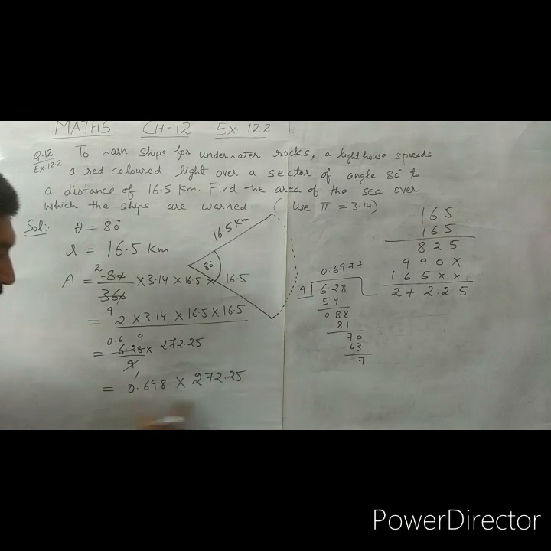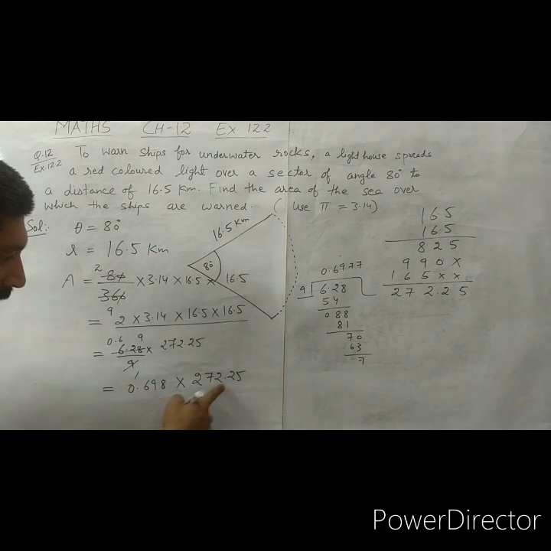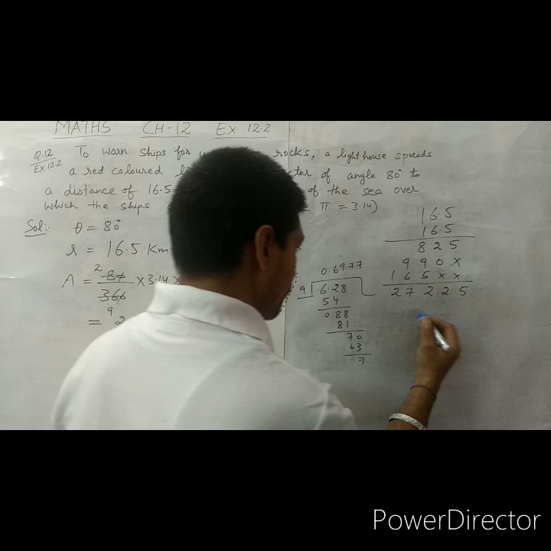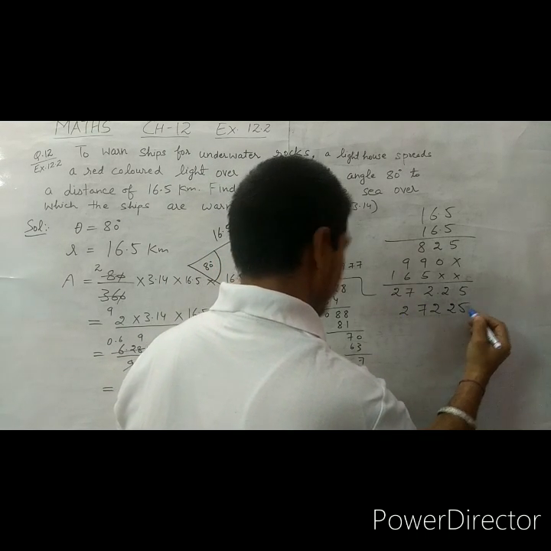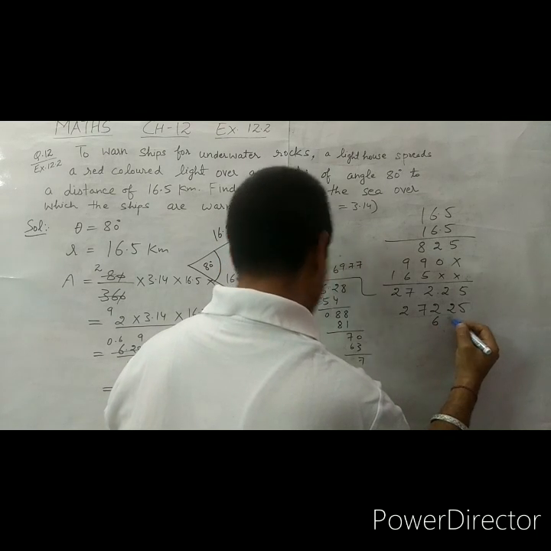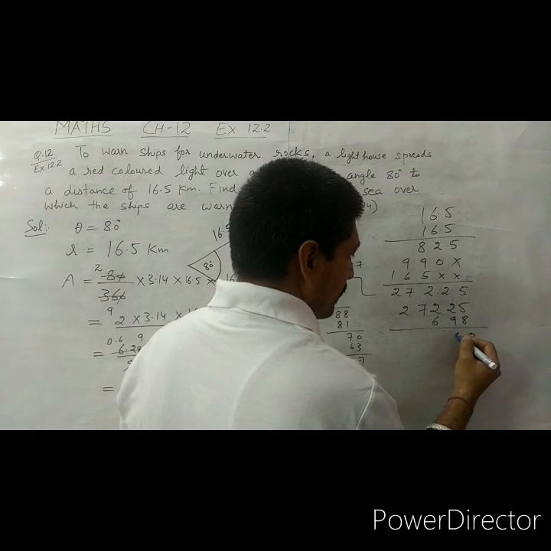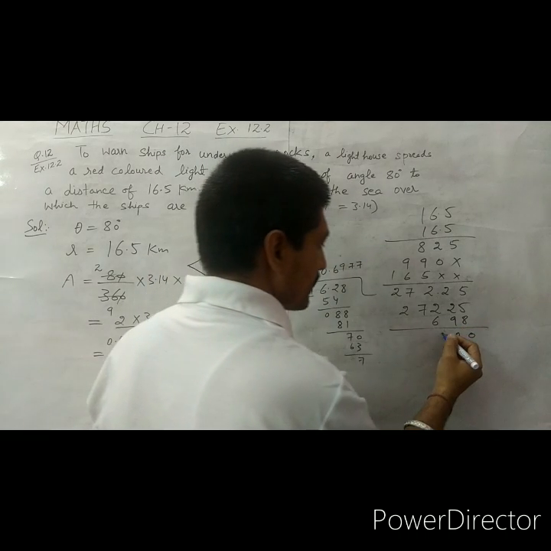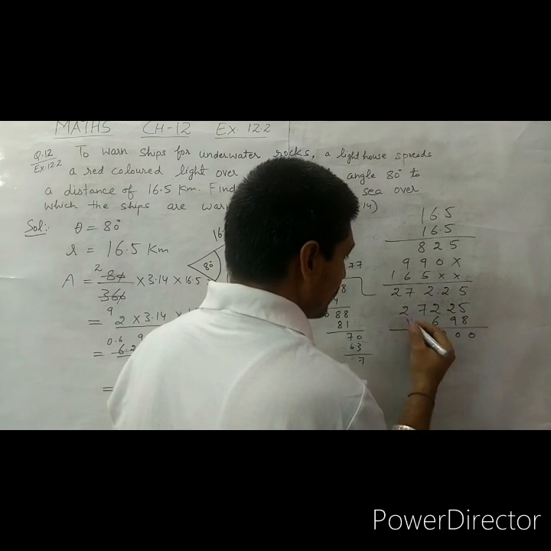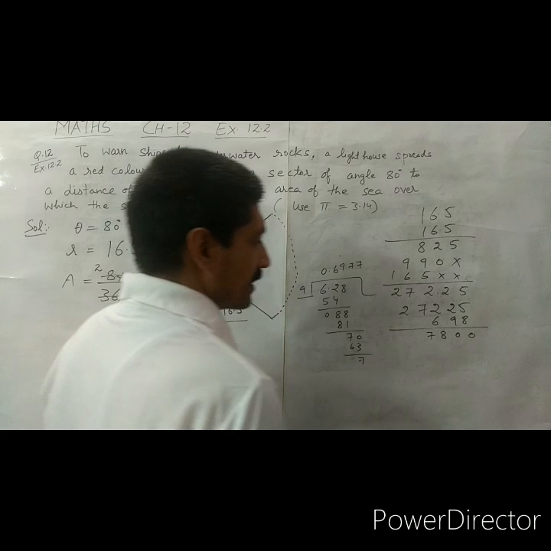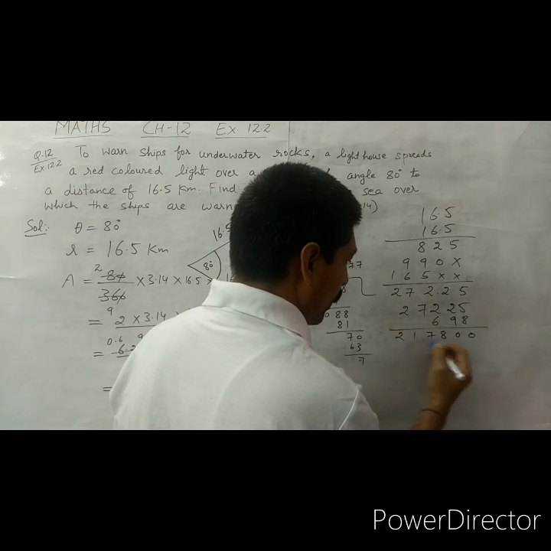272.25. So the calculation is long. We can go ahead with even rounding off that 200, that's 27225 and 698. 8 5s are 40. 16. 2 is the carry. 16, 18. 1 is the carry. 56, 57. Then 8 2s are 16. 16 plus 5, 21.